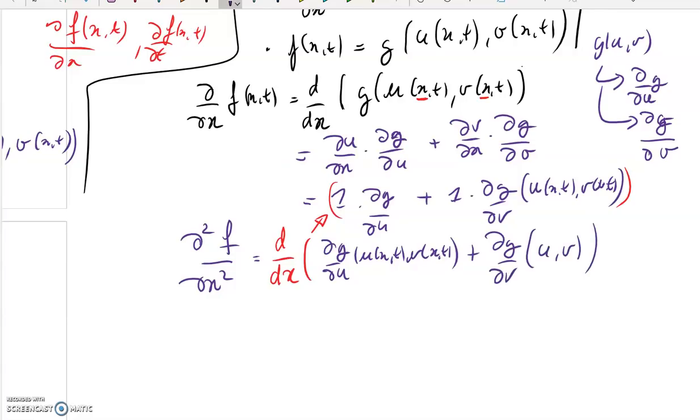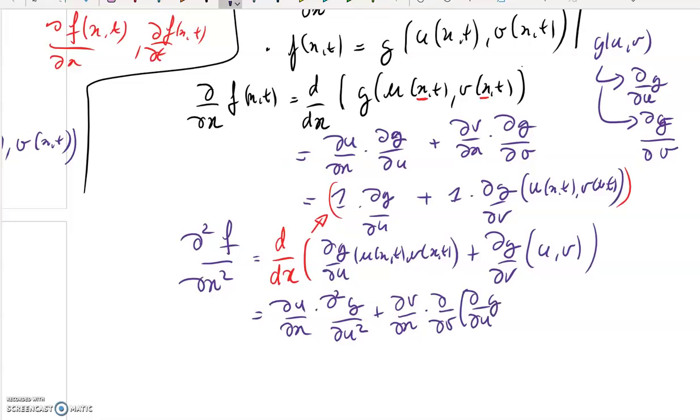Okay, so what are we going to do? Of course, we're just going to apply the chain rule again. So that's going to be du over dx times d2g over du square, plus dv over dx times d over dv of d over du of g.